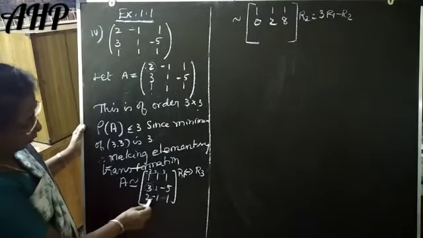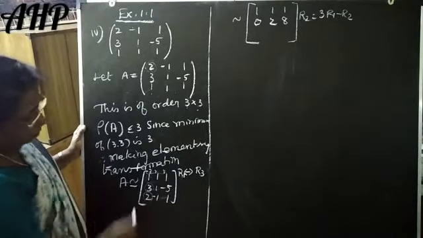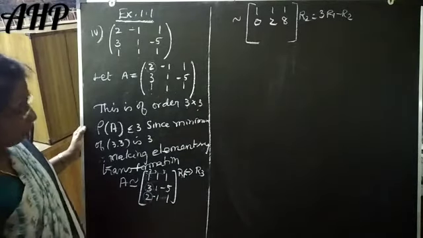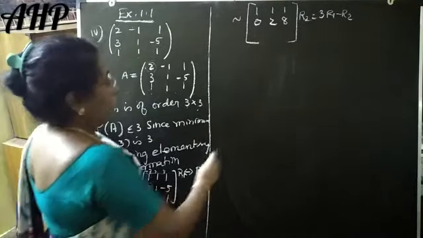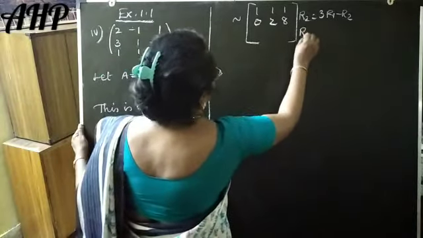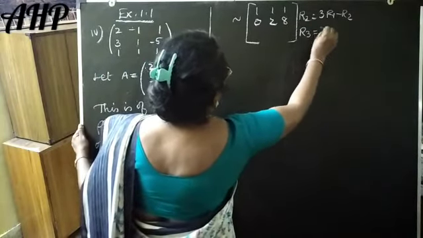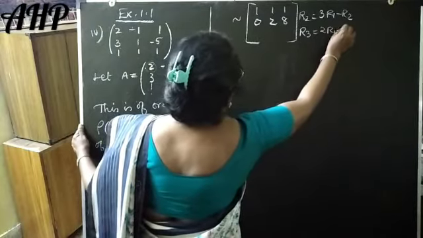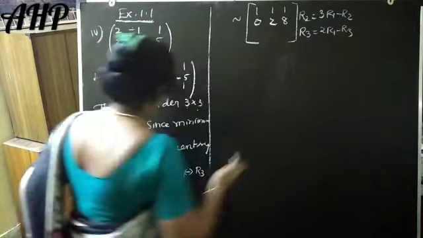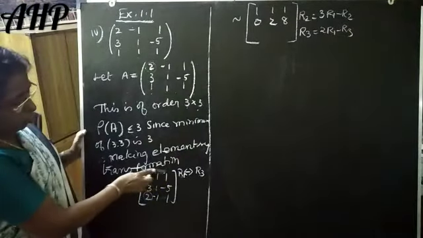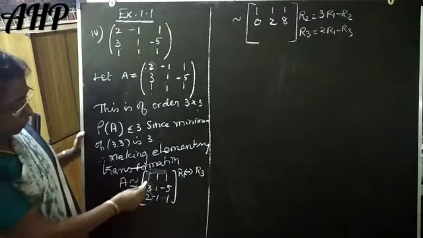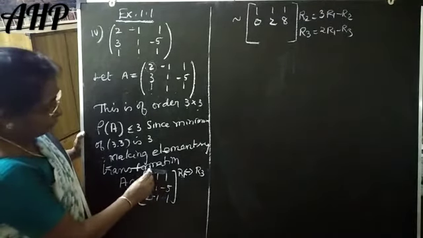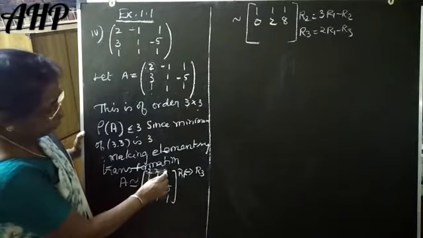Next we are supposed to make the first element of the third row 0. To make that, R3 will be equal to 2R1 minus R3. So you are going to multiply the first row by 2. Every element will be 1 into 2, 1 into 2, 1 into 2.